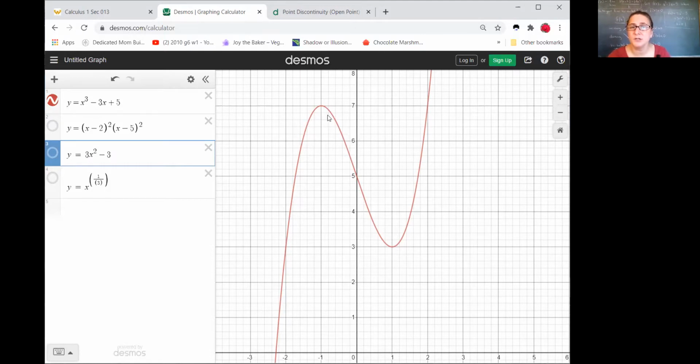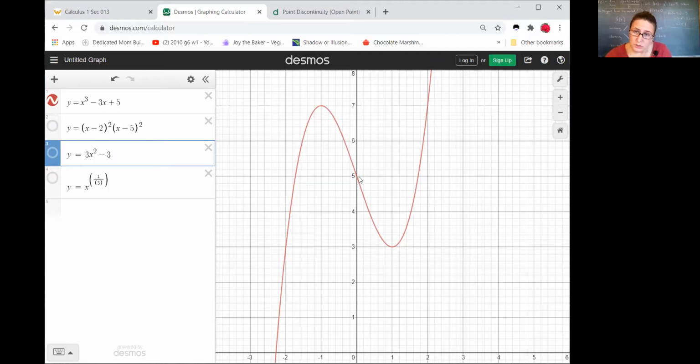And if my function is decreasing, my derivative has to be below the axis, because I've got positive values and negative values, okay? I want to think about how big those values are going to be. We can kind of eyeball this. It's probably steepest in the middle, and it looks like it's around -3. 1, 2, 3. Yeah, looks like a slope of -3, maybe in the middle there where it's steepest.